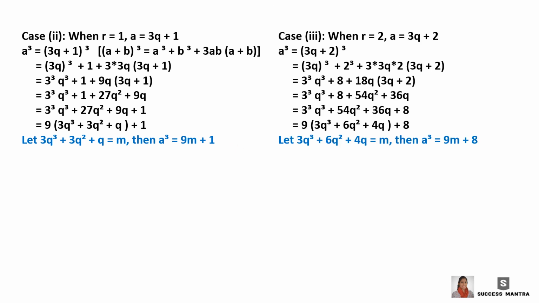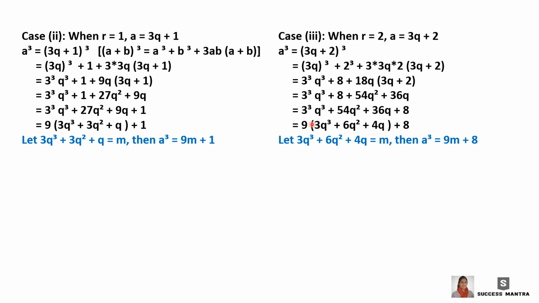Now check case 3. Case 3 is when r is equal to 2, a is equal to 3q plus 2. Taking cube on both sides, we get a cube is equal to 3q plus 2 the whole cube. We get the equation here. Now here also we open the bracket. Now we arrange in the order of higher degree to lower degree. And if we take 9 common here, we get 9 into 3q cube plus 6q square plus 4q, plus 8.